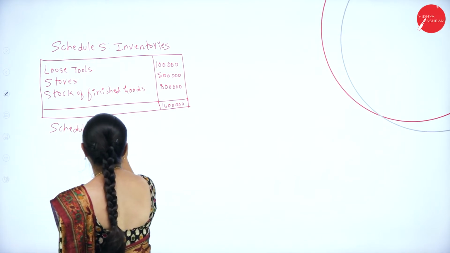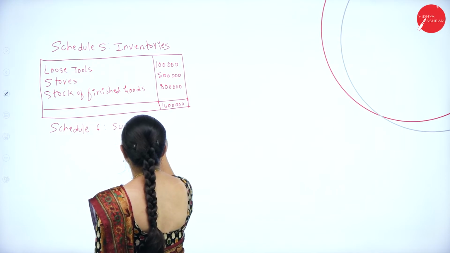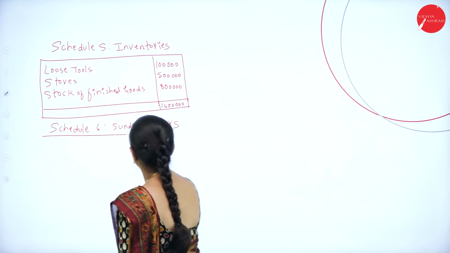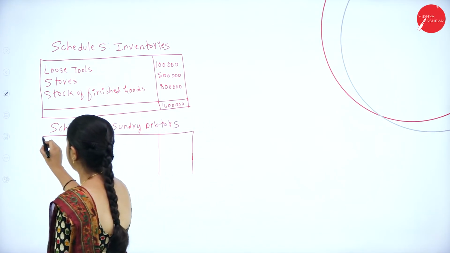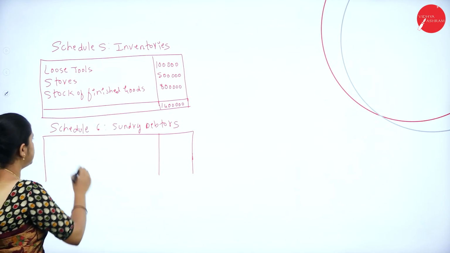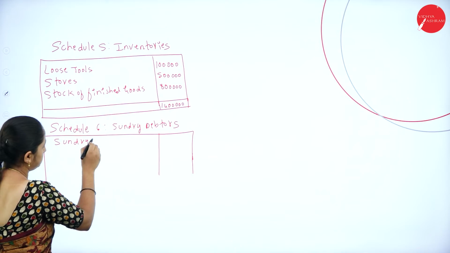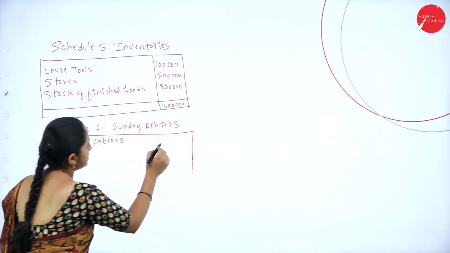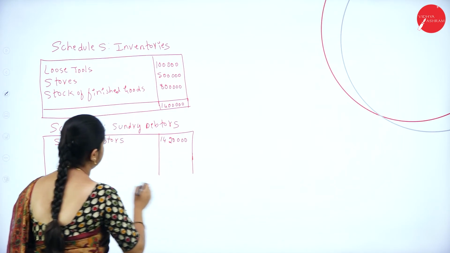Schedule 6. Sundry debtors. First, sundry debtors is 14 lakh 20,000.